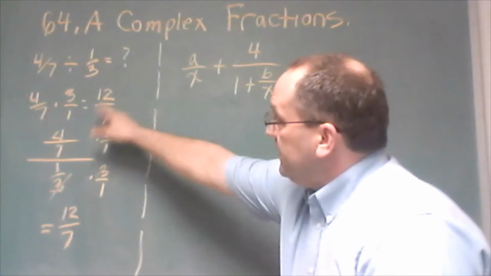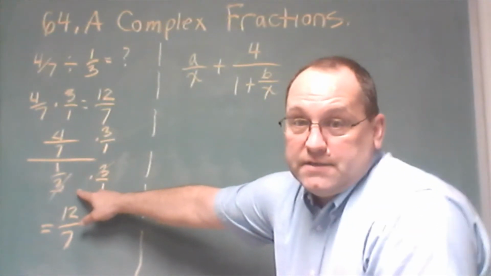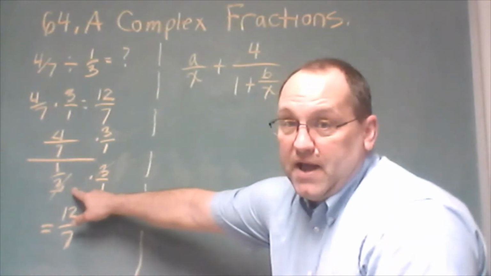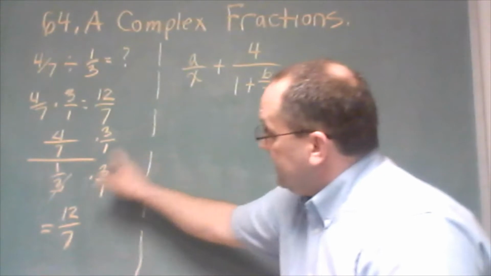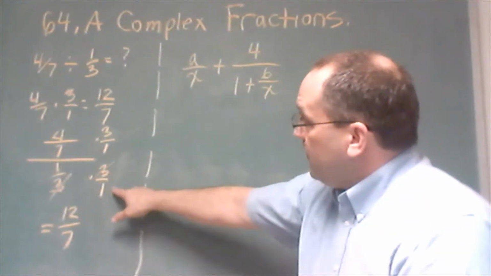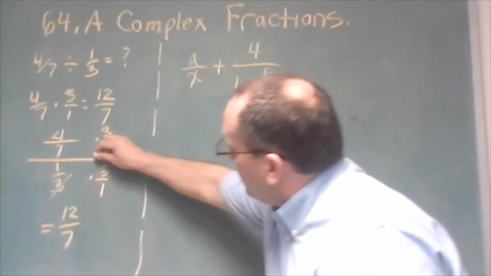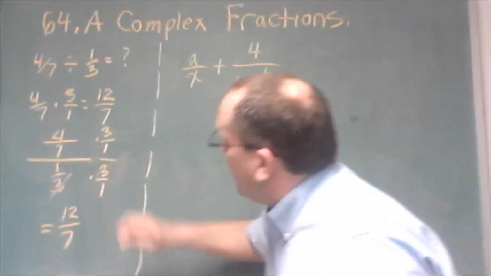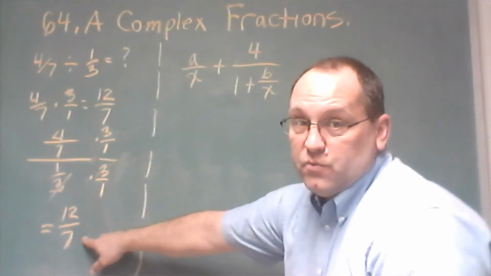With a complex fraction, the procedure is the same thing. We're going to multiply by the reciprocal of the denominator. Effectively, it eliminates the denominator, it cancels out. And we must multiply by that same thing up in the numerator. We're multiplying by the reciprocal, and it comes out to 12/7.